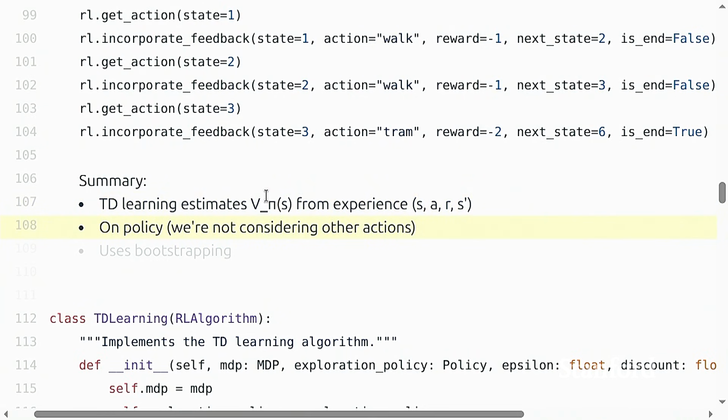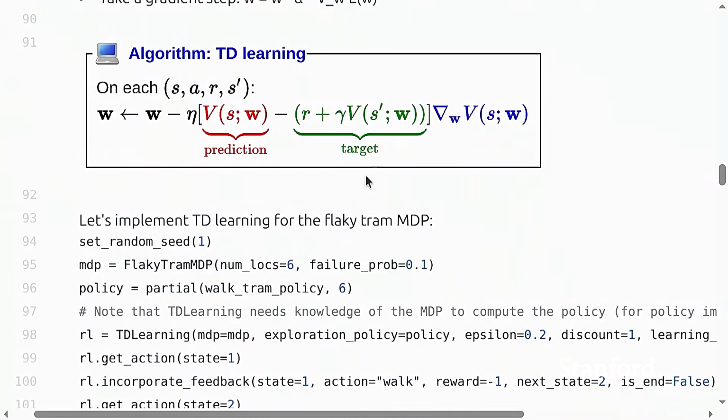Notice that we're only rolling out with the policy pi and we're not considering any other actions. Whenever you see a max over actions, that usually means something like off policy or Q learning. If you don't see that, it's probably on policy. That's a good rule of thumb. And then we're using bootstrapping, where the target consists of the model. That's a sign of bootstrapping.